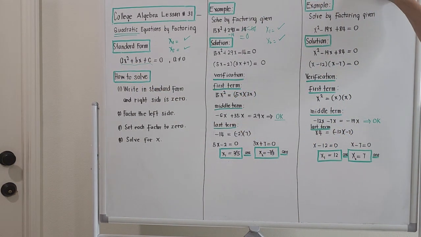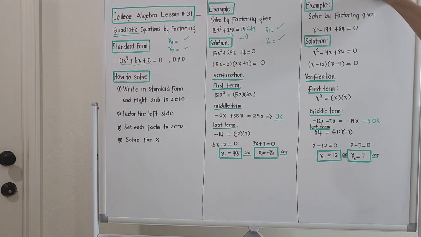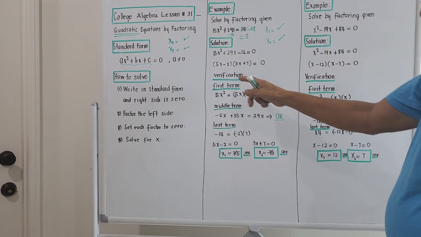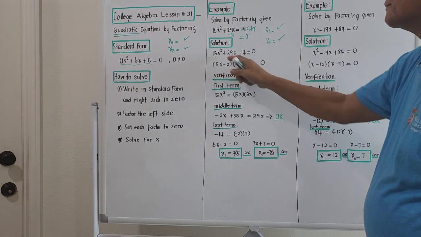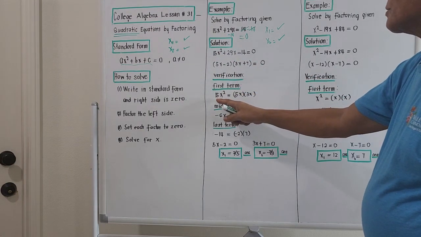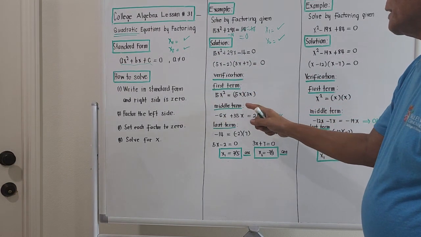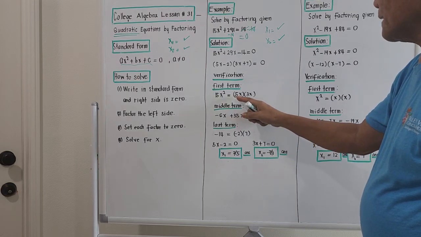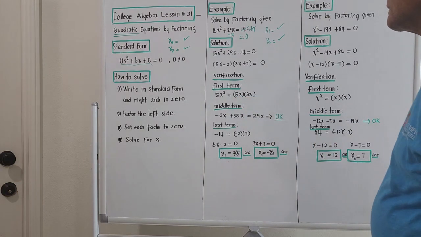Okay, let's try to bring out the solution of this by factoring. Let's try to bring out the factor form of this one. For the first term, the possible factors of 15x squared, it can be written as 5x times 3x.